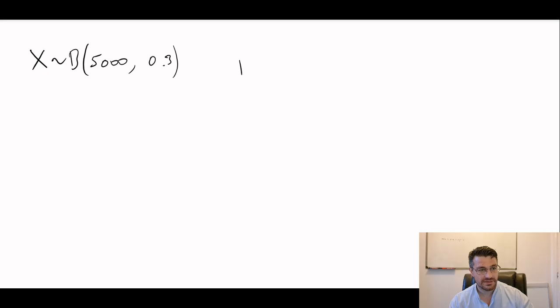And let's say we want to calculate the probability that X is less than or equal to 2,340, for whatever reason. This is going to be a nightmare to calculate. Even for a computer, I don't know how well it would be able to keep up with this.